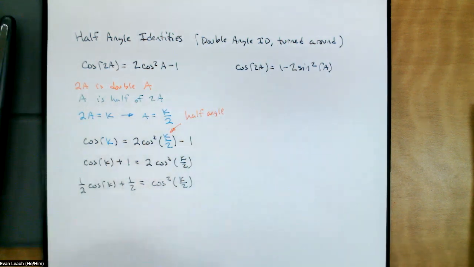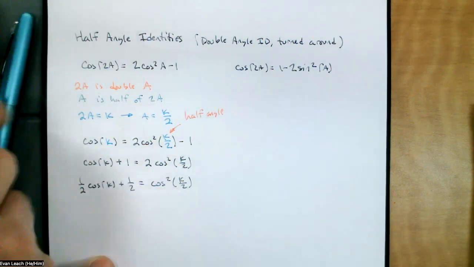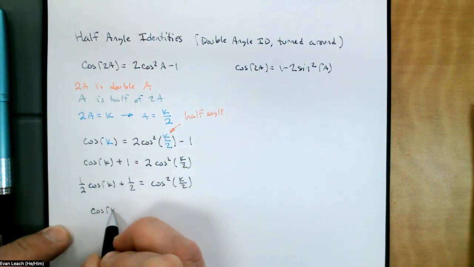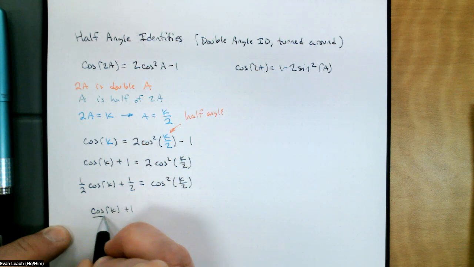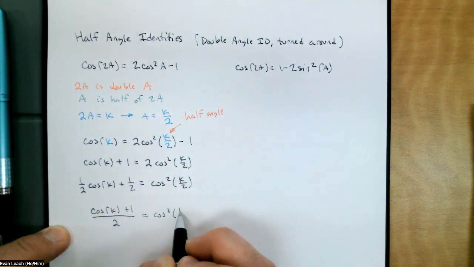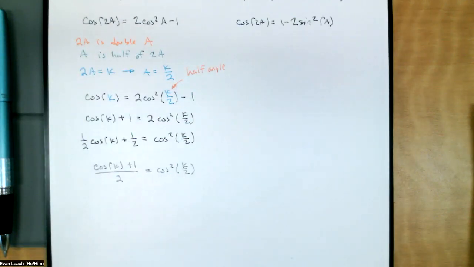Sometimes we see this as cosine of K plus 1 all over 2. I don't want to get all the way down to K. I just want the cosine of K over 2.